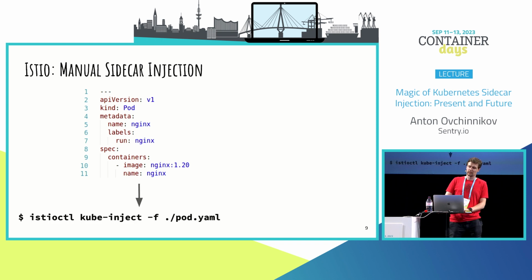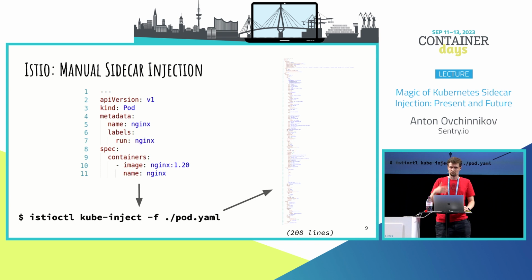So Istio provides a command line tool that takes your pod manifest and then injects all the necessary configuration, so sidecars, volumes also, which is important, because we can share information between sidecars and the main application, or like between init containers and sidecars mostly. And we get this.